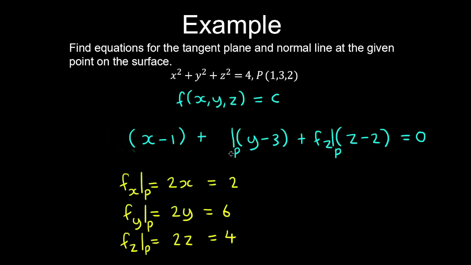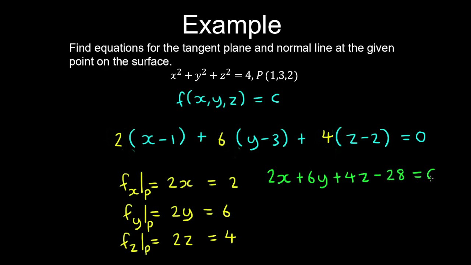So we'll just replace these partial derivatives with the evaluated values, being 2, 6, and 4. And if we simplify this a bit further, we have 2x plus 6y plus 4z, and minus 2 minus 18 is minus 20, minus 8 is negative 28, and that's equal to 0. And you can further divide through by 2, so we get x plus 3y plus 2z, and adding 28 over 2 to both sides, we get 14.